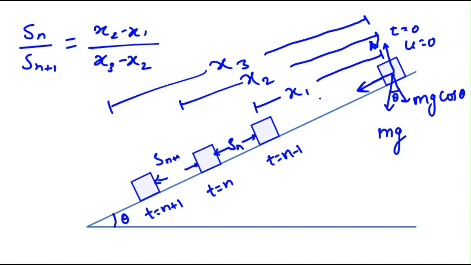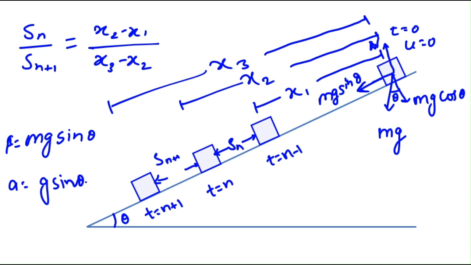So the only force which is going to contribute is mg sine theta, this component of the gravitational force on this body. So force we have here mg sine theta, and from this force we can calculate acceleration, and that acceleration will be g sine theta.